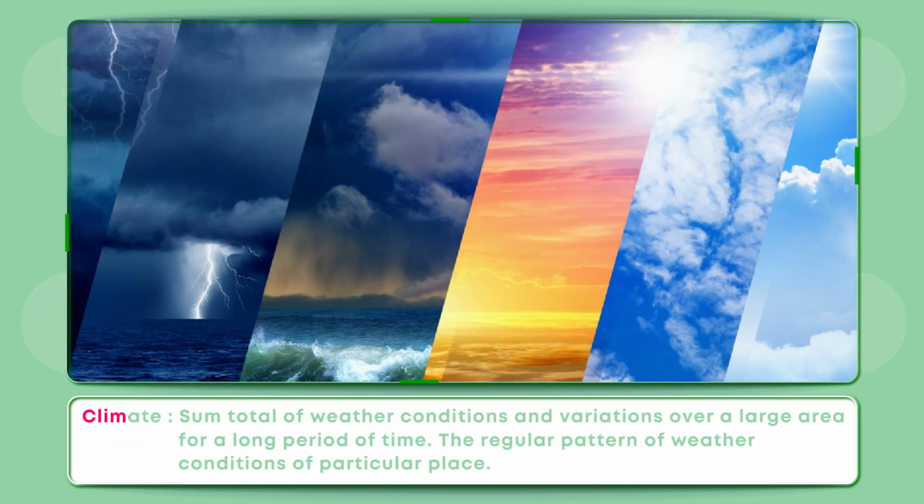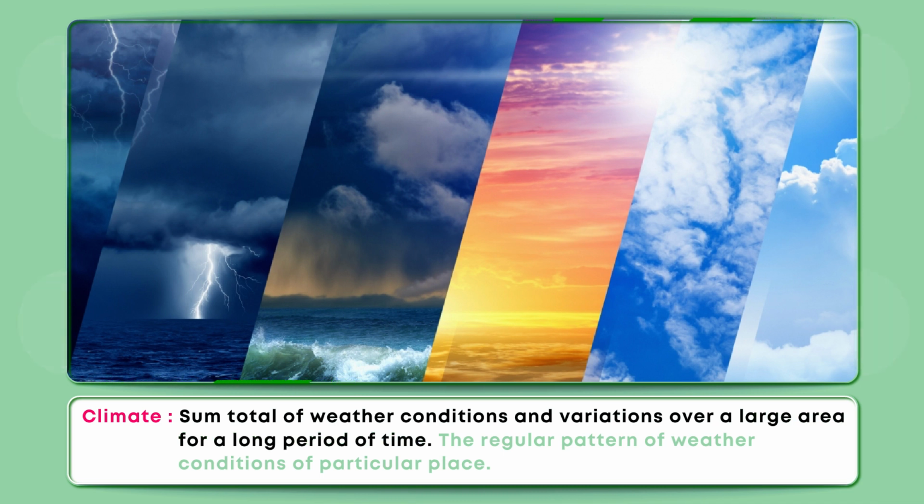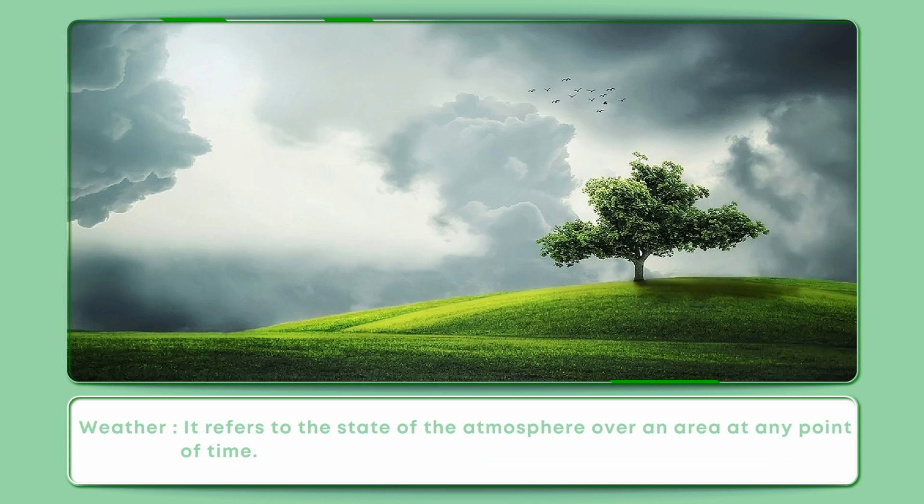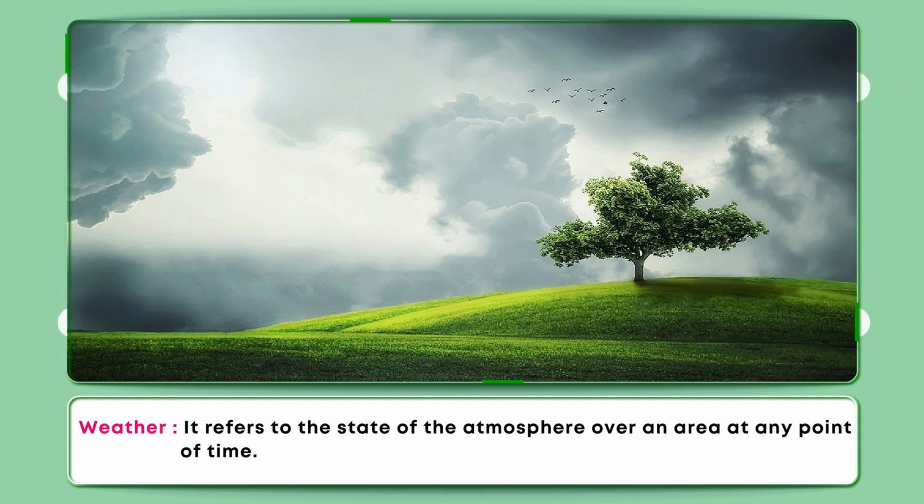Climate. Sum total of weather conditions and variations over a large area for a long period of time. The regular pattern of weather conditions of a particular place. Weather. It refers to the state of the atmosphere over an area at any point of time.